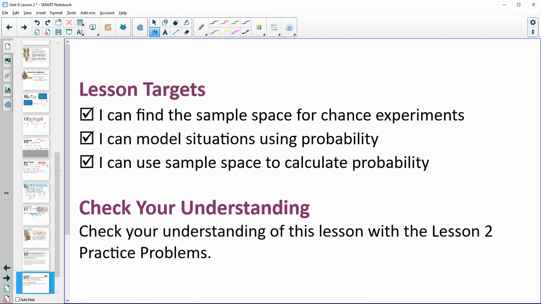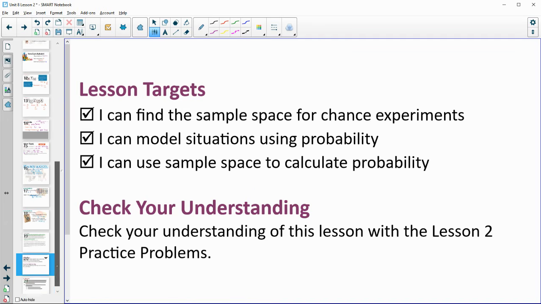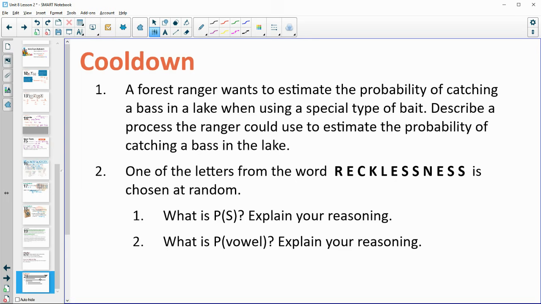You can check your understanding of this lesson by doing the lesson 2 practice problems. And remember that I have a video of me working through those practice problems if you need some extra help. And you can also check your understanding of the lesson by completing this cool down. And if you're struggling with that, you can certainly be sure to reach out to your teacher for some help.